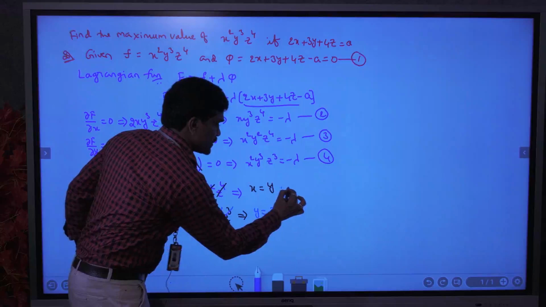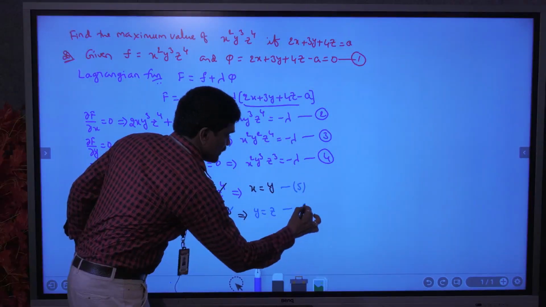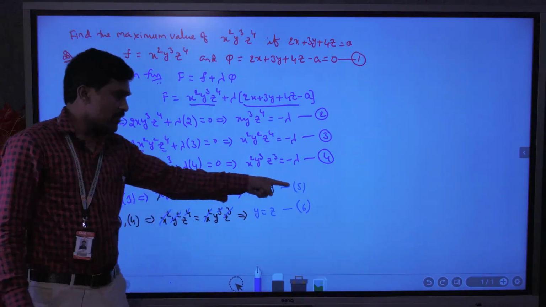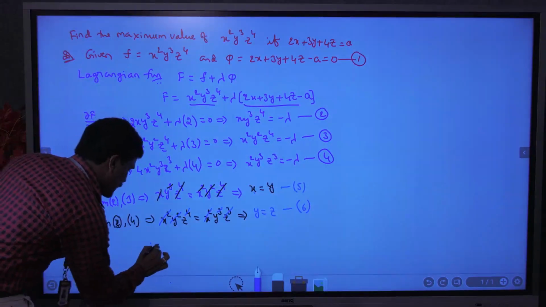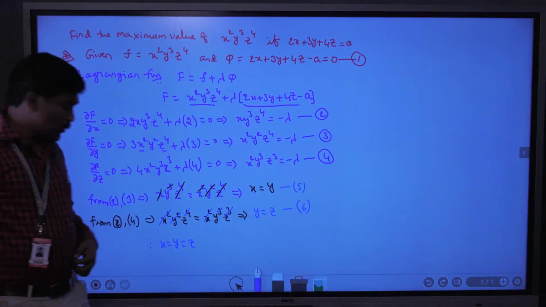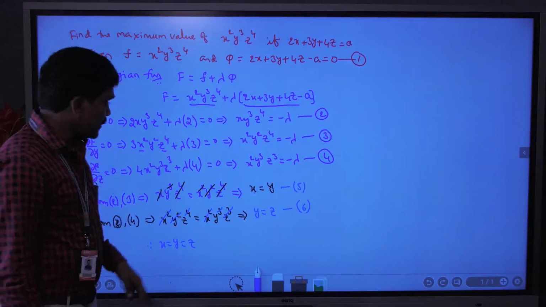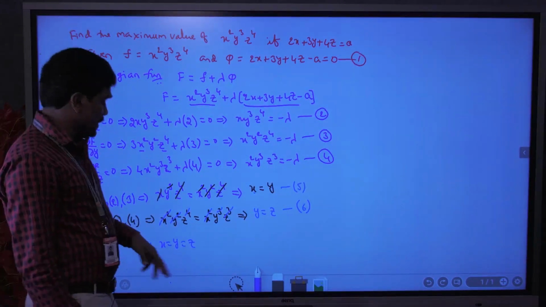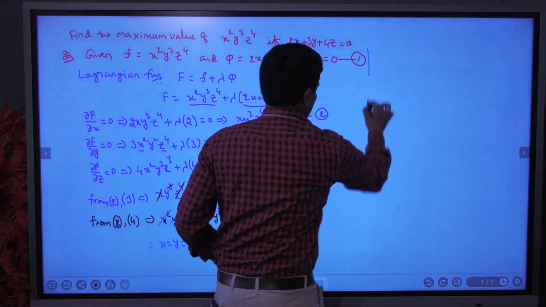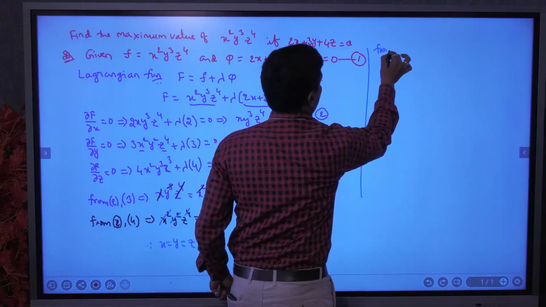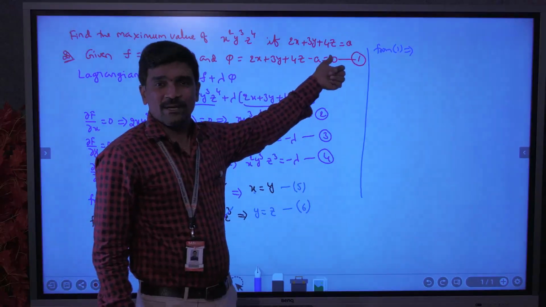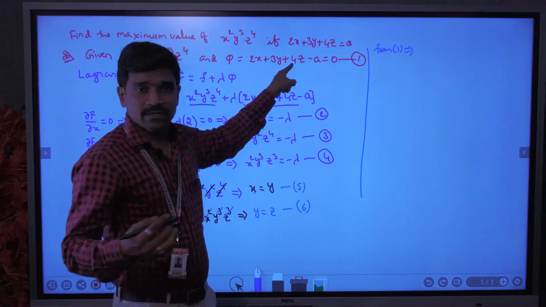Now observe these two equations 5 and 6. Here x is equal to y, and here y is equal to z. From these two we write x is equal to y is equal to z. But we don't know the values of x, y, z. So take this in equation 1. The equation 2x plus 3y plus 4z is equal to a, but here x, y, z are equal.